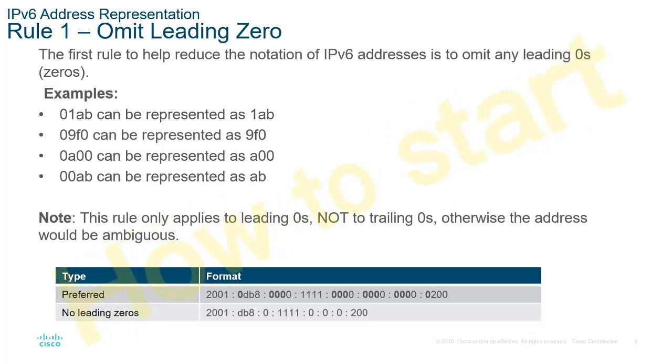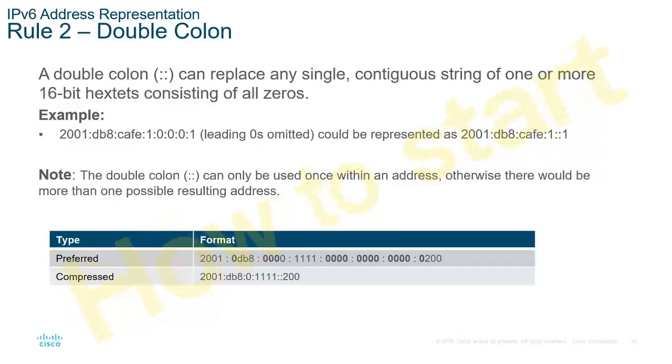So here, when we have a long string of zeros, 2001, 0, DB8, 000, well, those zeros can actually be just shortened to 1 0. And in the 5th, 6th, and 7th hextet, you'll notice again all zeros. So we have that long string of zeros. With that long string of zeros, we can actually remove them and replace them with double colons. So double colon is a way to denote all zeros in those areas.